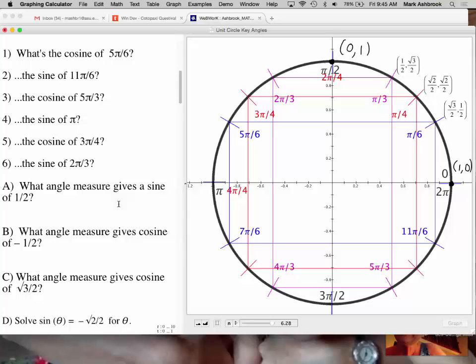Okay, here we go. Let's see how we did. Think you got it? Got them all? All right. Let's see. So, tell me your name again. I'm just going to write down the row. Alonzo. What's the cosine of 5 pi over 6?